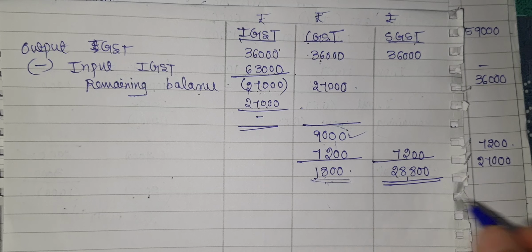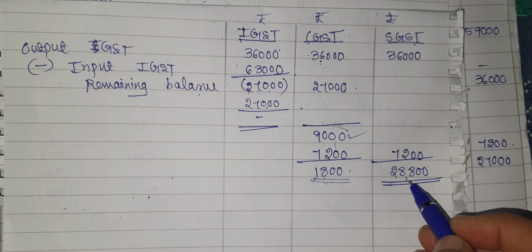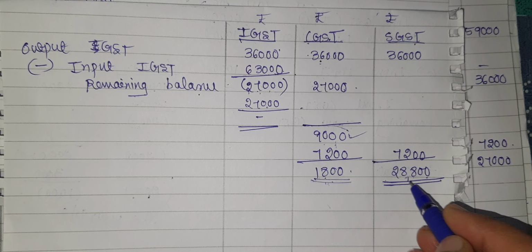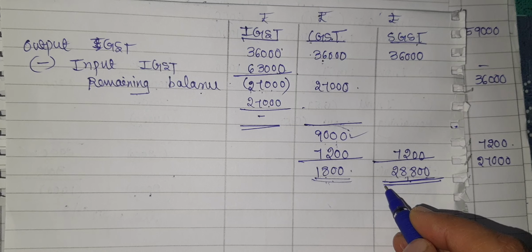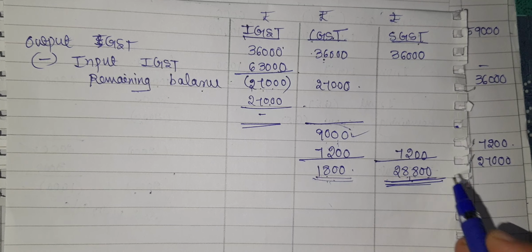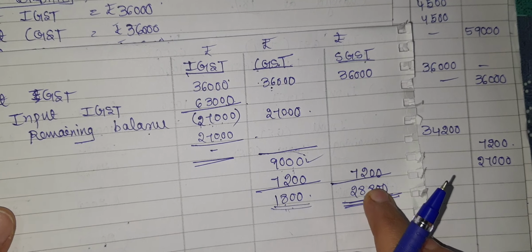Means we have paid only rupees 7,200 on purchases. So the remaining amount of rupees 28,800 we have to pay to the government. This is the net SGST that is payable to the government. Now we will pass the journal entry for the SGST.